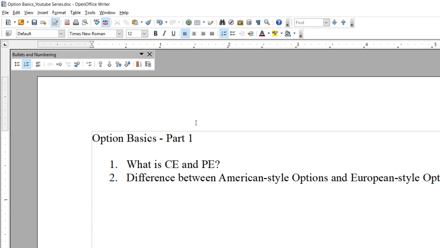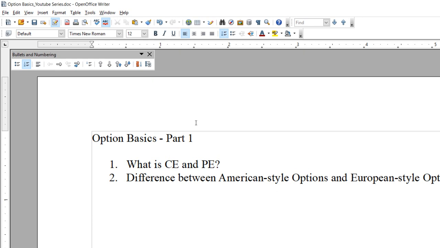Now American style options, as I told you, can be exercised anytime. That means you can buy and sell, and the cash equivalent, anytime. So that means you can exercise that call option or put option anytime.